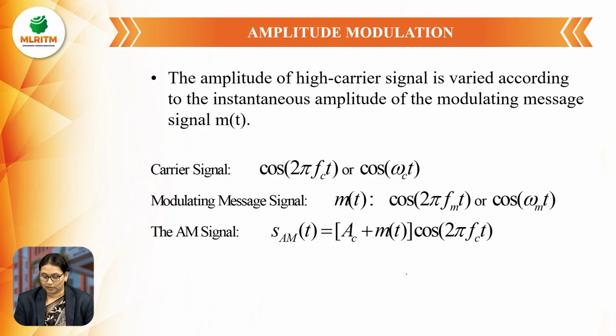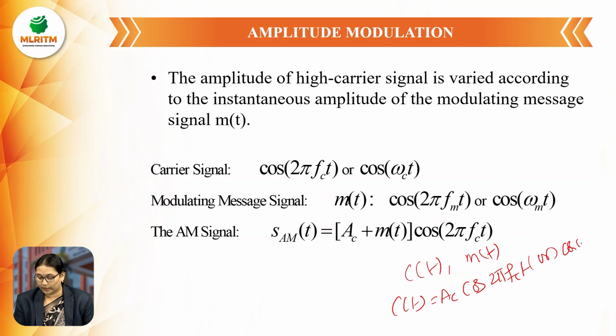So here we have carrier signal c of t and message signal m of t. So here message signal, or modulating signal, is a low frequency signal, and carrier signal is a high frequency signal. So the carrier signal is represented by cos 2 pi Fc t. Actually c of t is equal to Ac cos 2 pi Fc t, or we can write it as cos omega c t.